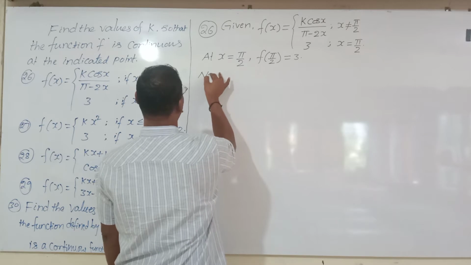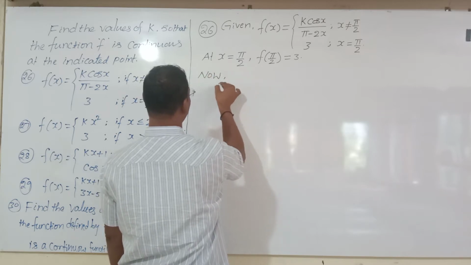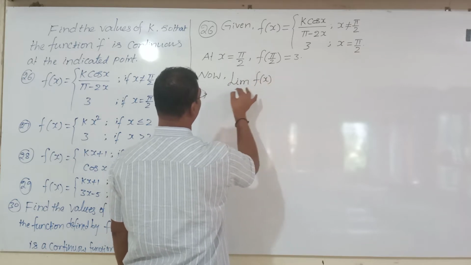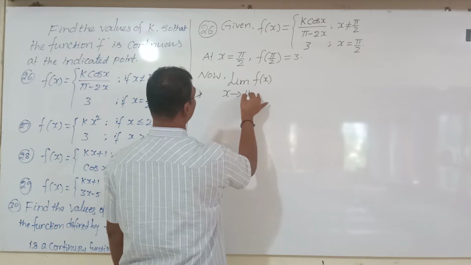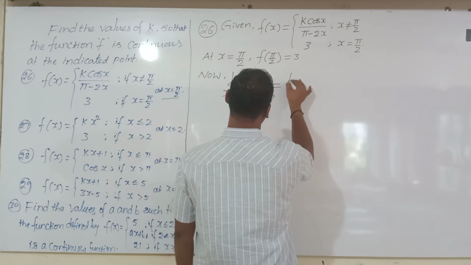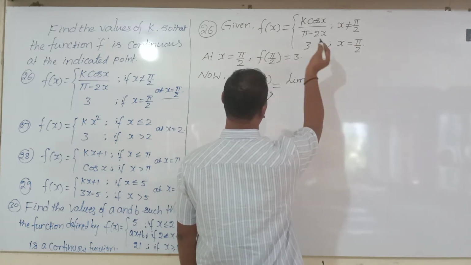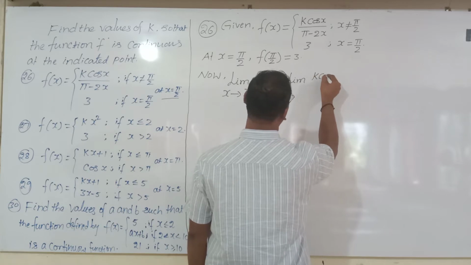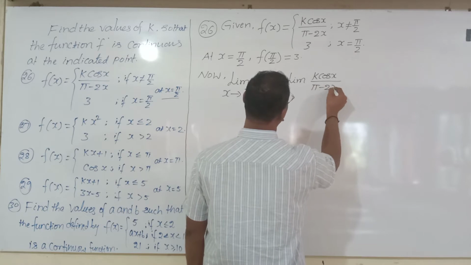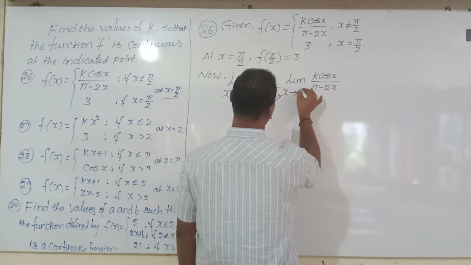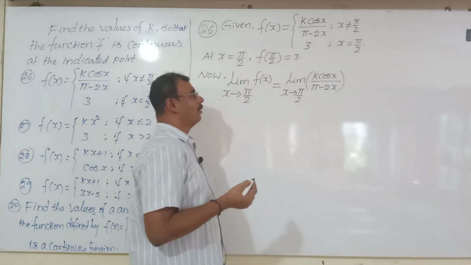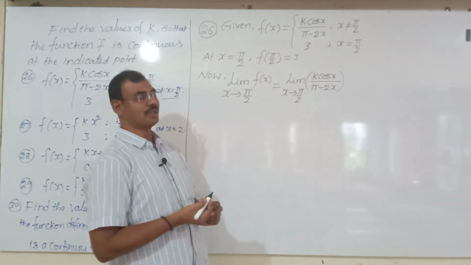So now, limit of f of x as x approaches pi divided by 2 equals limit of k cos x divided by pi minus 2x as x approaches pi divided by 2. Okay. Now how do I solve this one?